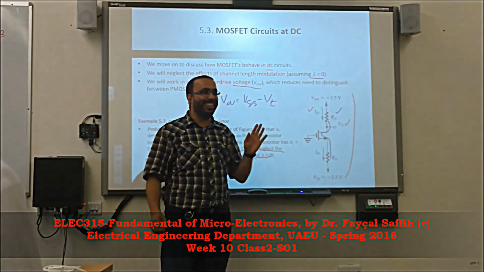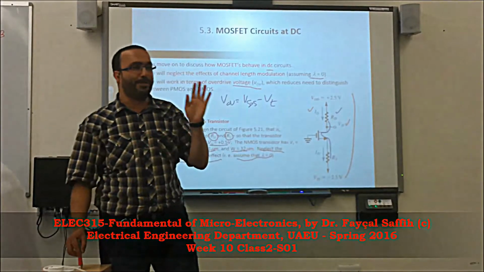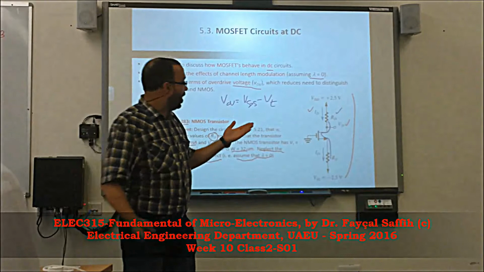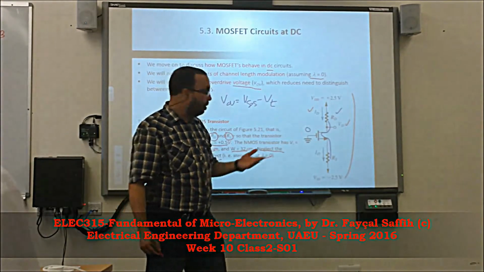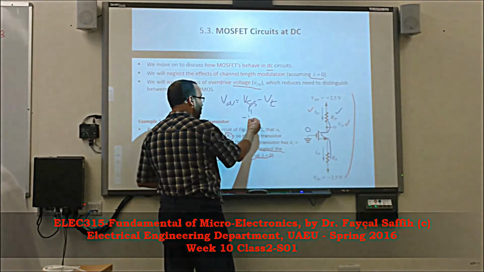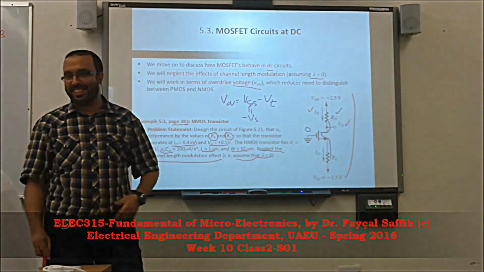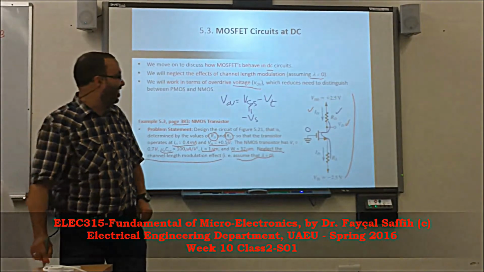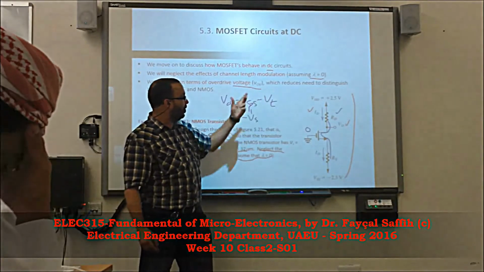Okay, I will solve it. VGS: what's VG? VG is 0, so VG minus VS. So V overdrive now is minus VS minus VT.